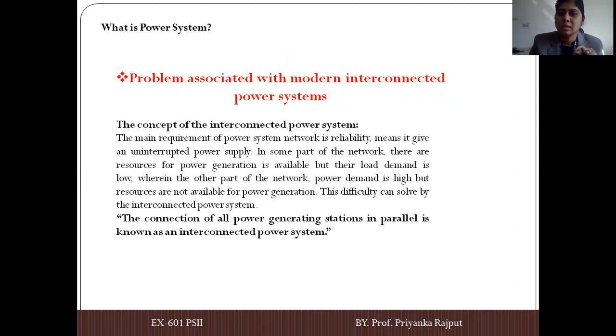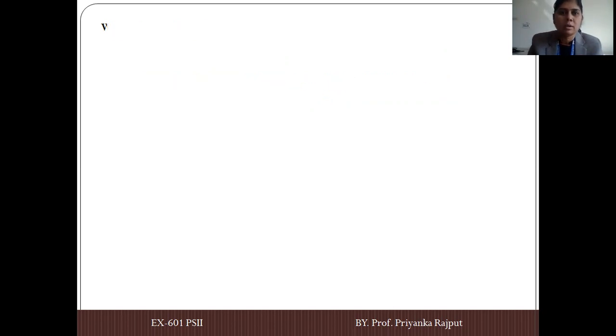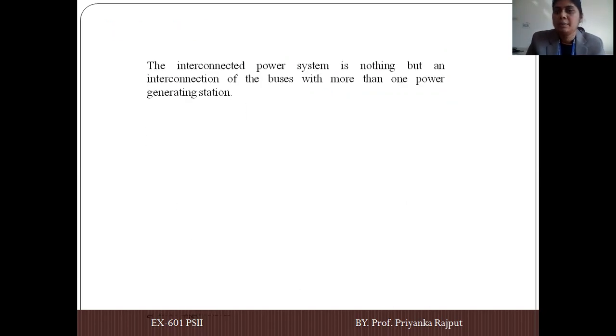An interconnected power system is a connection of all the power generating stations in parallel. It is also defined as a distribution network with multiple available power sources which can make a closed path throughout the network. It is nothing but an interconnection of buses with more than one power generating station.